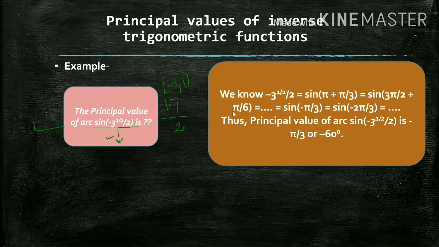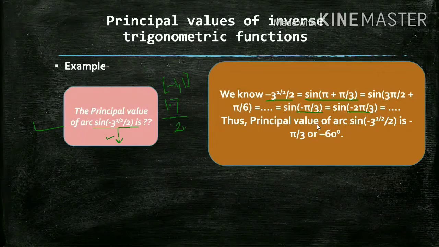Now minus root 3 by 2 is sine of pi plus pi by 3. I told you how to find the value. Sine is negative in the third and fourth quadrants. So it would be pi plus pi by 3, and also 3 pi by 2 plus pi by 6, and also minus pi by 3, minus 2 pi by 3, and so on.